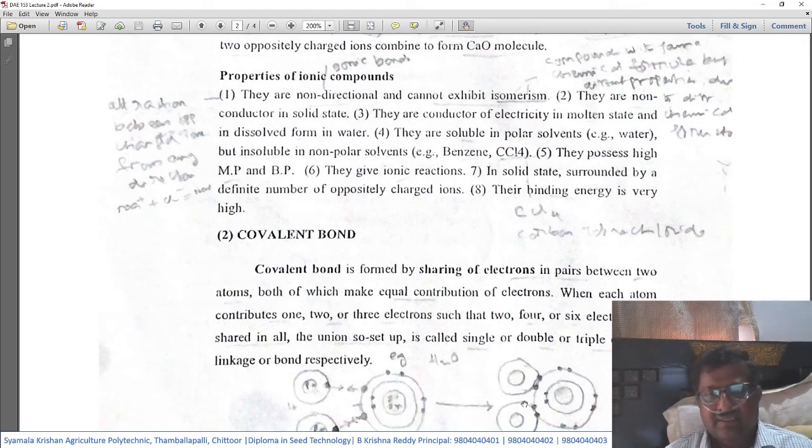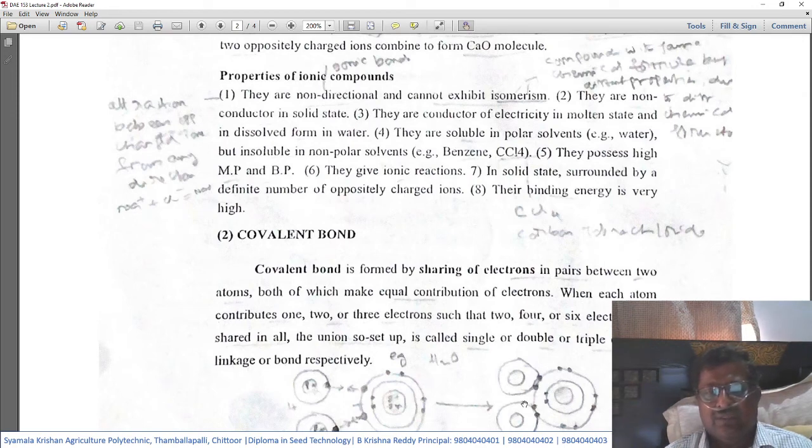That means there is a bond between the electrons of different elements. So if one atom of an element contributes one electron and another atom of another element contributes one electron, then it becomes a single bond. It is a single covalent bond.